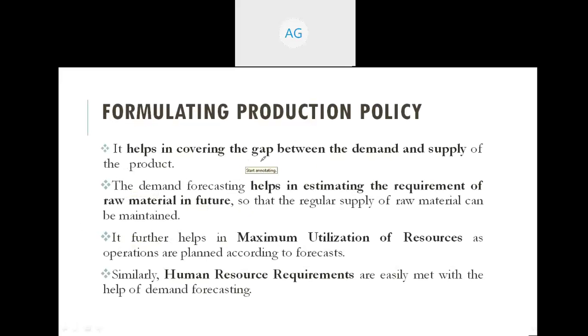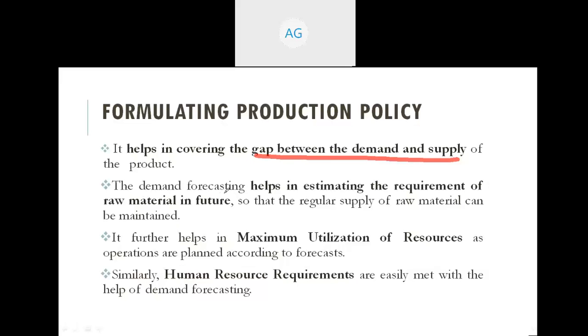It helps in covering the gap between the demand and the supply of the product. As its name suggests, we are going to take the production policy into consideration here.